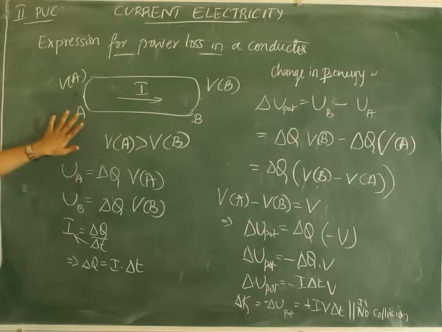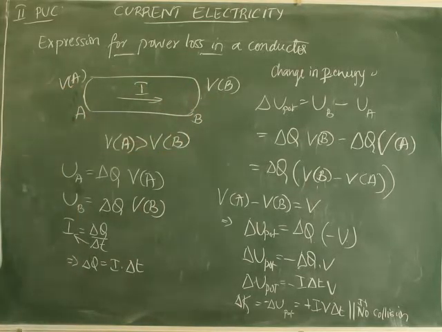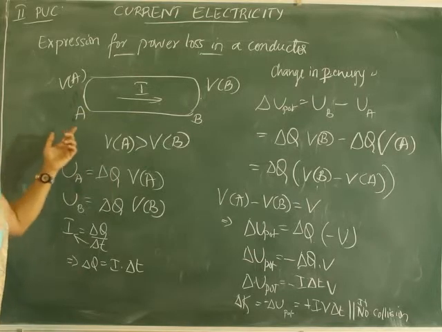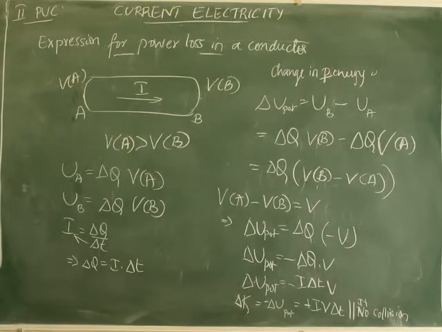See, once again we will explain. Let us consider a conductor carrying the current I. Let V_A be the potential at A and V_B be the potential at B, such that V_A is greater than V_B.